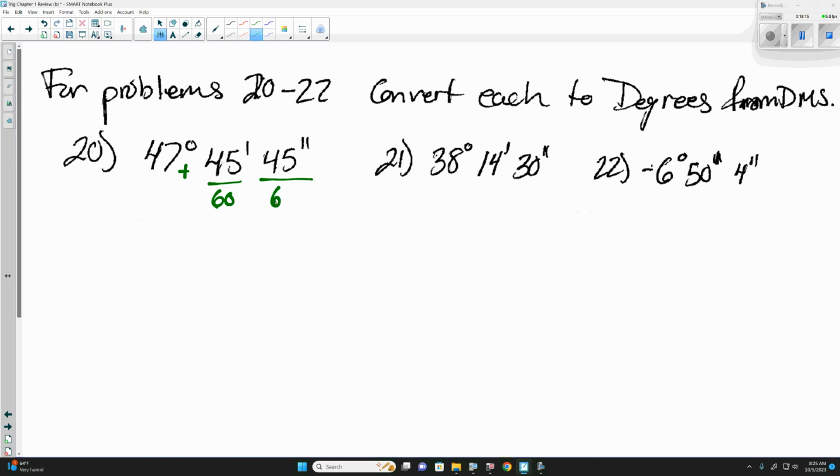So we'd have 60 times 60, or 3,600, because 60 times 60, 6 times 6 is 36. We have two zeros, 3,600. We could type it in like this and add all that together, or 47, 45, 45.